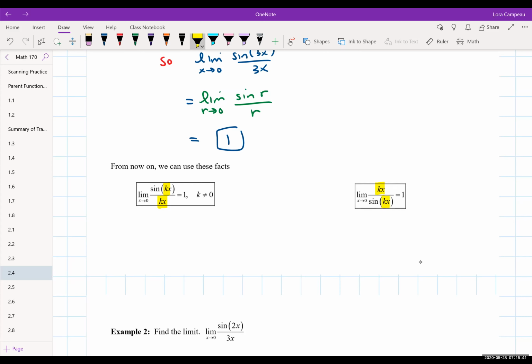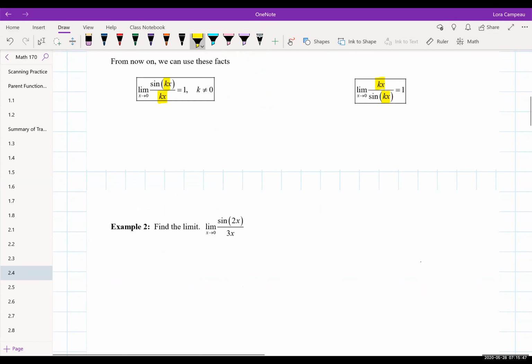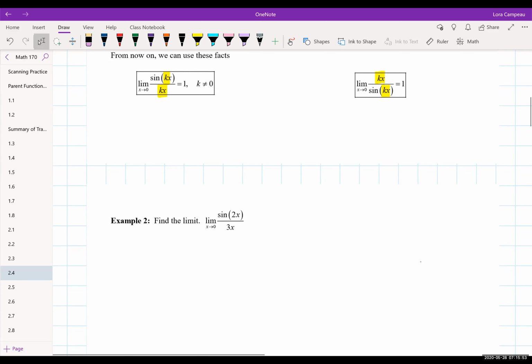So let's be on the lookout for that. And surprise, surprise, example 2 has some sort of application of this. So I'll keep that in our minds.